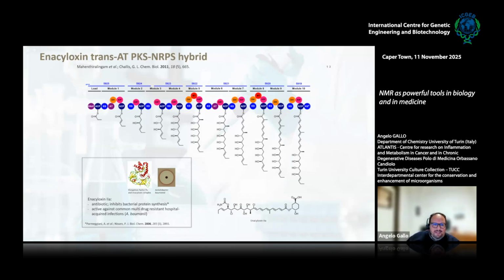So where does this antibiotic work? On the elongation factor Tu, and the acetylocin complex inhibits this complex. How is it assembled? As you can see, there is a load module, module 1, and so on till module 10. Where we have the acyl carrier protein, let me put a pointer so I can point here.